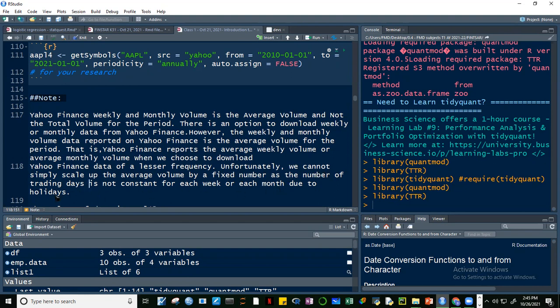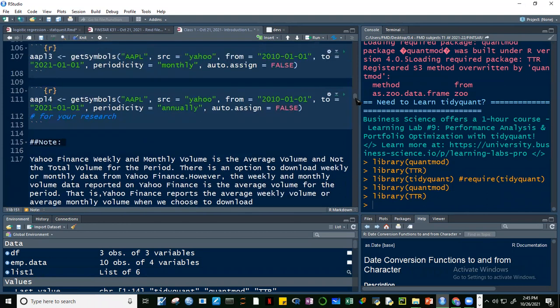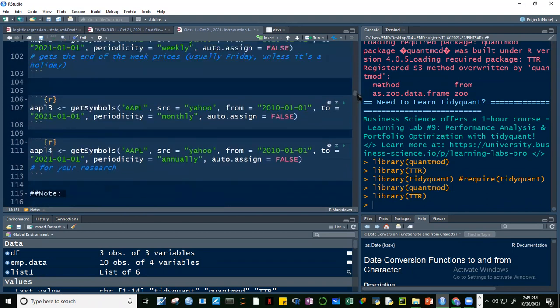Unfortunately, we cannot simply scale up the average volume by a fixed number, as the number of trading days is not constant for each week or each month due to holidays. Okay, so let's not bother ourselves with that one temporarily.